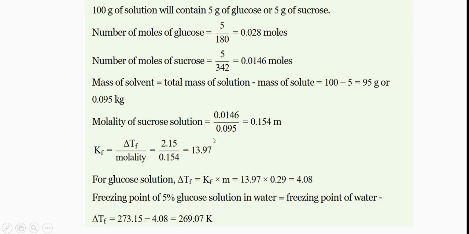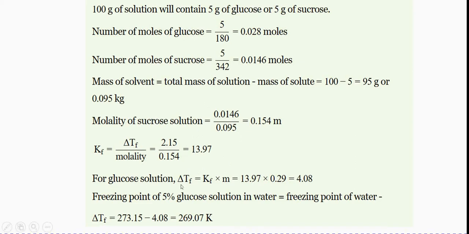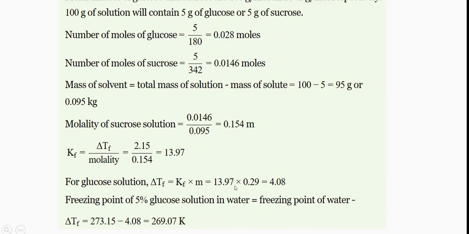Now, to calculate the difference in freezing point for glucose solution, del Tf is equal to Kf into molality. Now, Kf is 13.97 into m, molality. This is for glucose solution. We had calculated only for sucrose solution here, so we have to calculate for glucose solution. For glucose solution, what is the formula for molality?